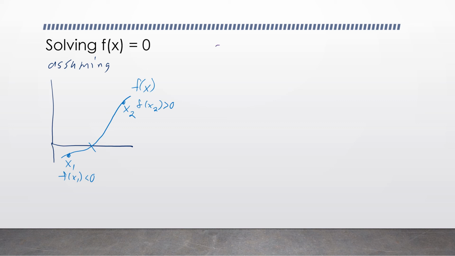Then we can say double x high equals whatever our value for x2 was, and x low equals whatever our value for x1 was.